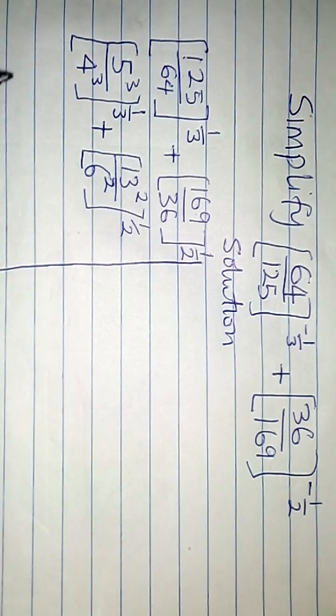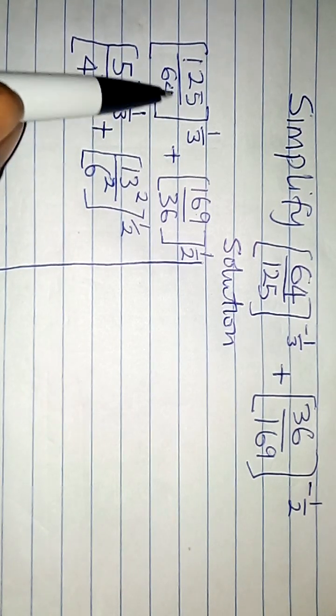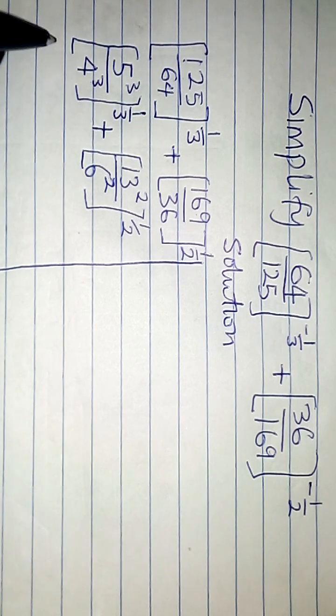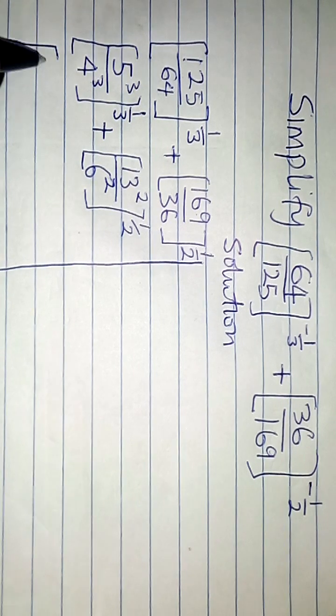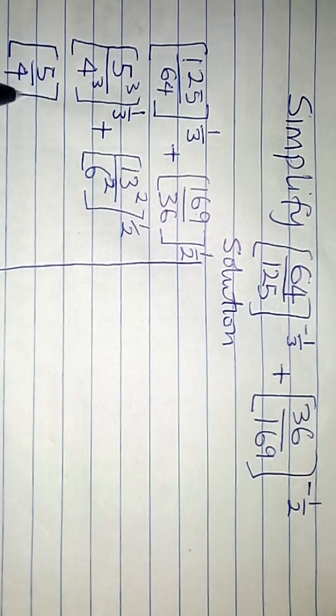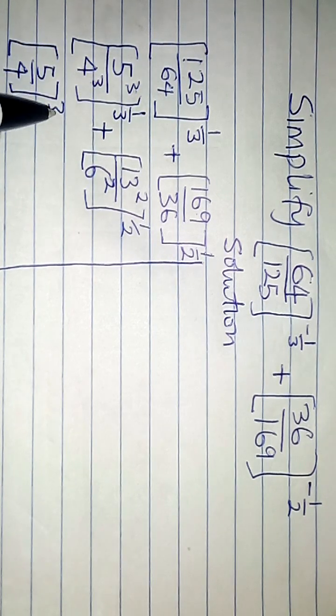Now in indices, we know that when the powers are the same, we can actually take one of the powers and do it like this. Let me just write it for you to see. What I'm trying to say is we can do it like this: 5 over 4 to the power of 3, since both top and bottom have the same power.